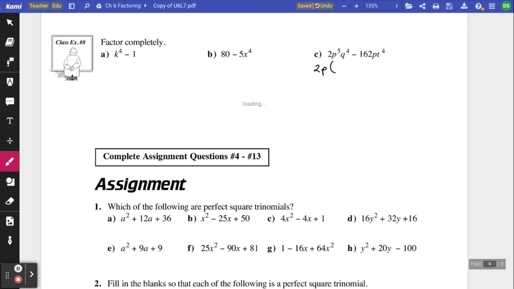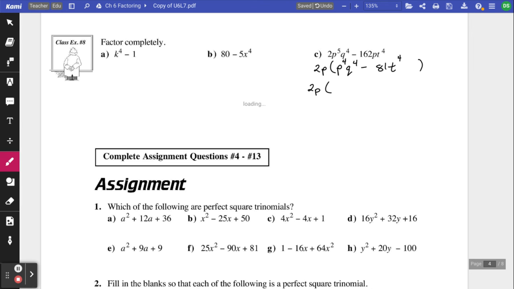Okay, so I'm in the first step. I'm leaving myself 1 bracket in step 1. What would I have left? P to the 4 Q to the 4 minus 81 T to the 4. Right? Okay, there you go. There's step 1. Copy down your 2P, and here we go.